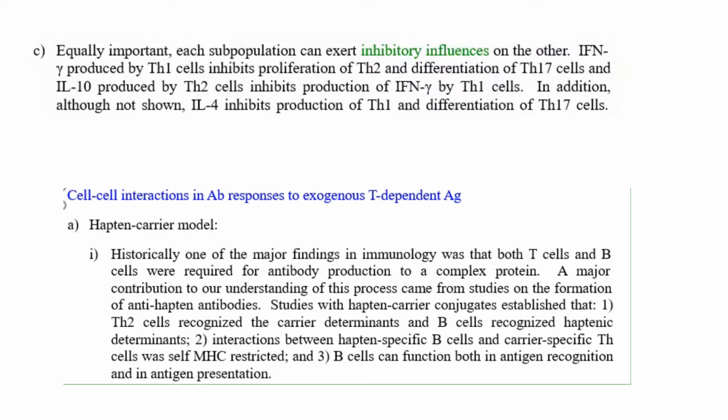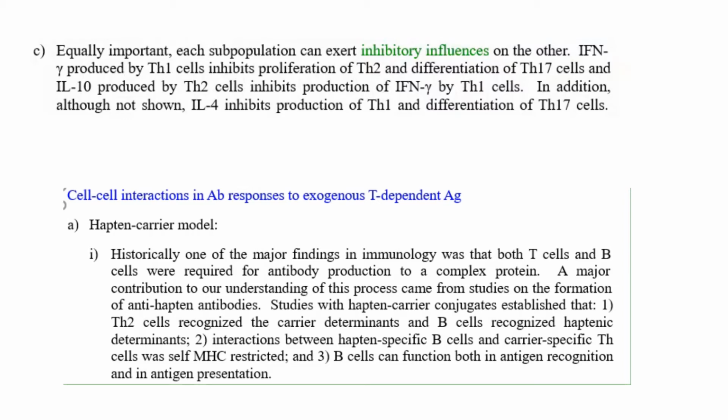Studies with hapten carrier conjugate established that first, T helper 2 cells recognized the carrier determinant and B cells recognized the hapten determinant. Second, interaction between the hapten-specific B cells and the carrier-specific T helper cells was self-MHC restricted. And third, B cells can function both in antigen recognition and antigen presentation.